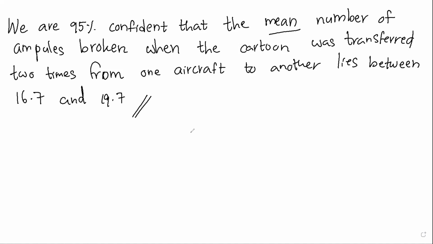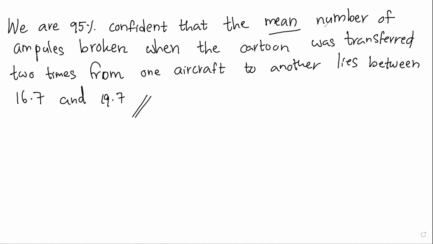You can say that even. It's okay, because they're talking about a mean number. Because when we average things out, it can accommodate decimals. So it is not wrong to say like this, just because it's a mean number.